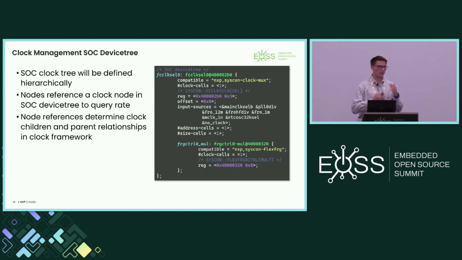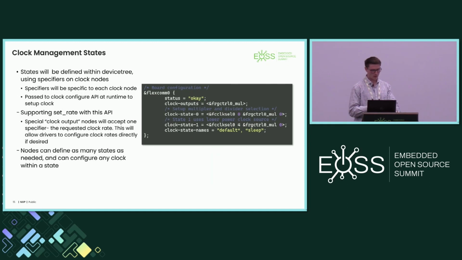So the reason we're doing this all hierarchically in device tree is because then we can build that relationship of clocks, struct clock structures, that reference their parents with device tree macros and then can query rate from their parent. And we can, the other way around, have parents notify their children of reconfiguration because this hierarchy is already described for us.